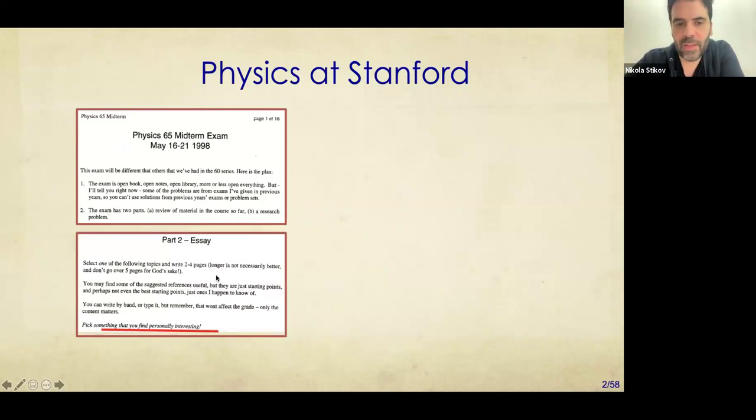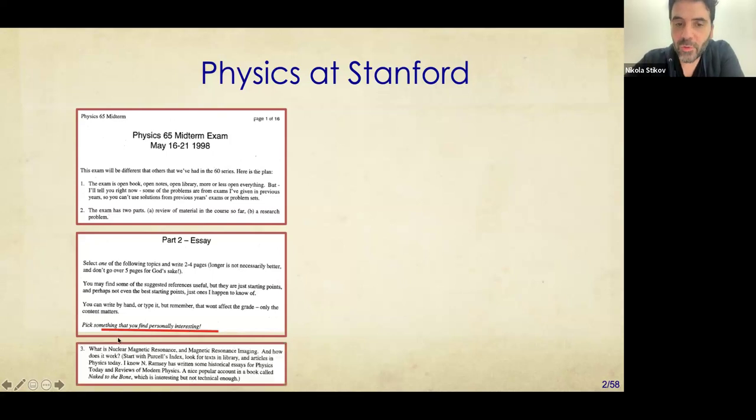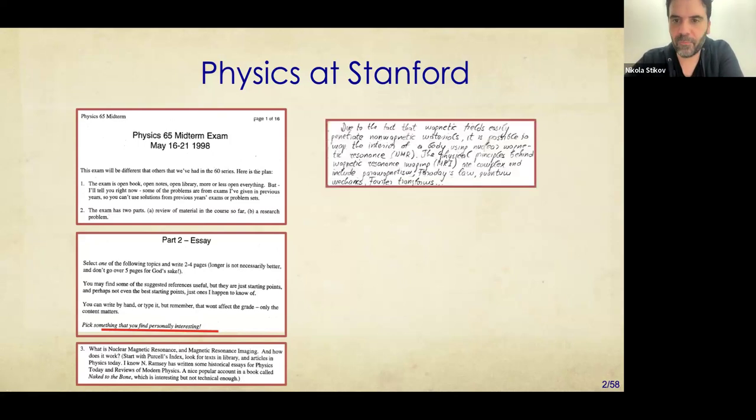And the point of that second part, the essay, was to pick something that we find personally interesting. And one of those options for what we could be covering was what is nuclear magnetic resonance and magnetic resonance imaging. And basically, it told us how to do some research on the work that was done at Stanford and referred us to a couple of books that were interesting to read.